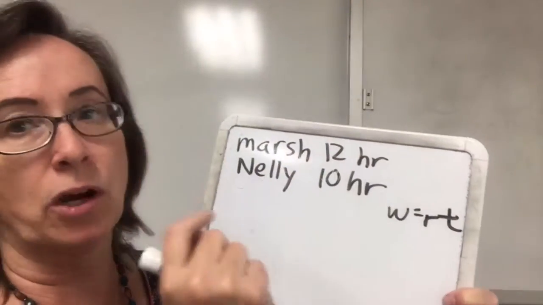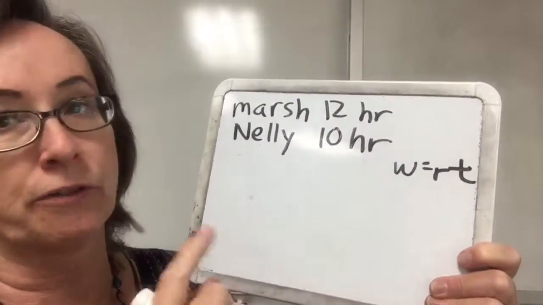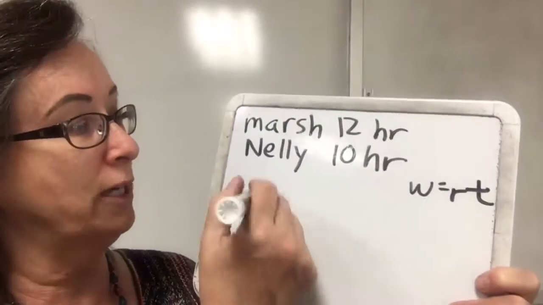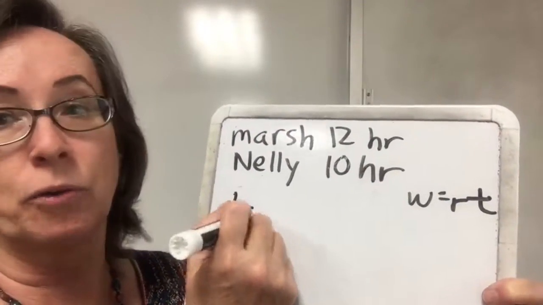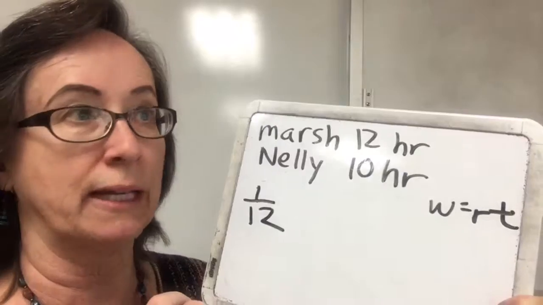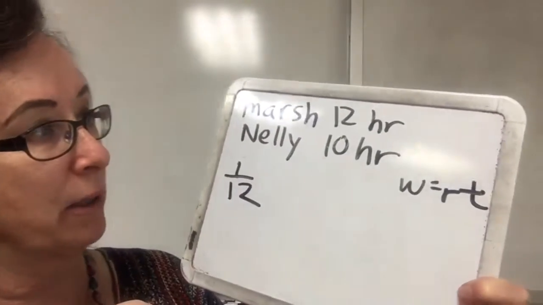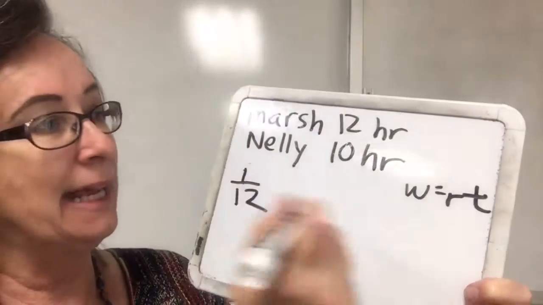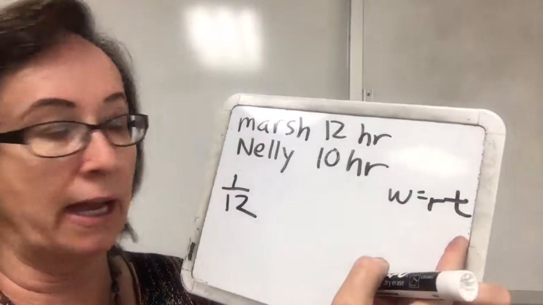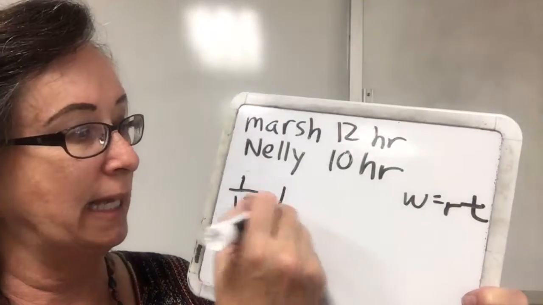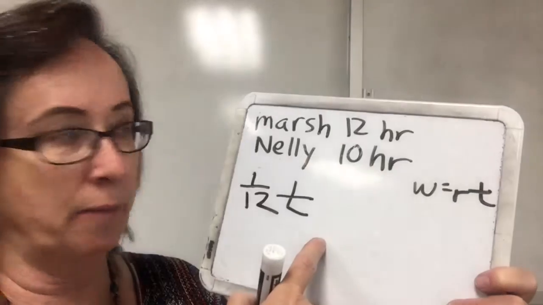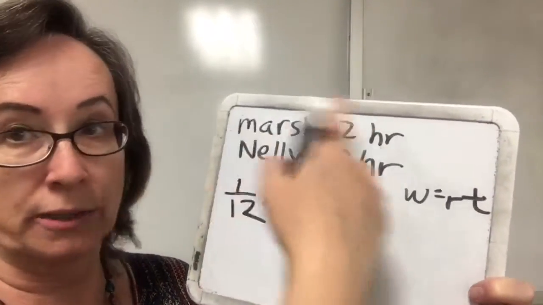Now, if it takes Marshall 12 hours to refinish the floor, he gets 1/12 of the floor done every hour. So his rate is 1/12 of the floor per hour. And his time is what we're trying to find, so we're just going to call it T. So rate times time is the amount of work that Marshall does.